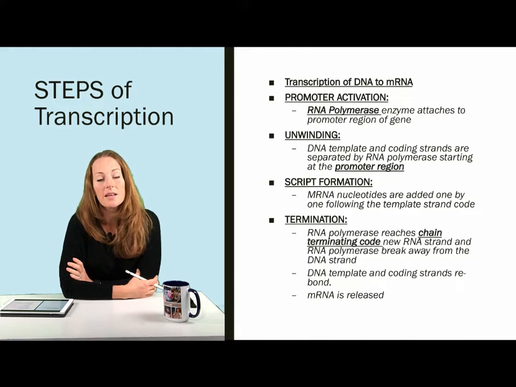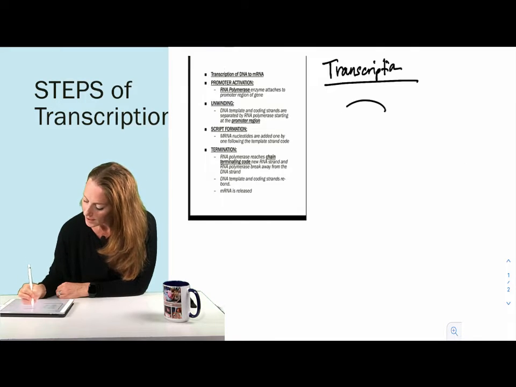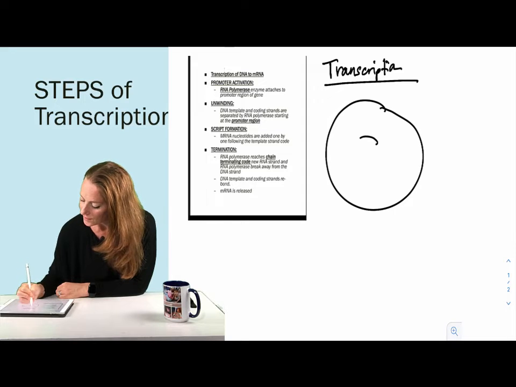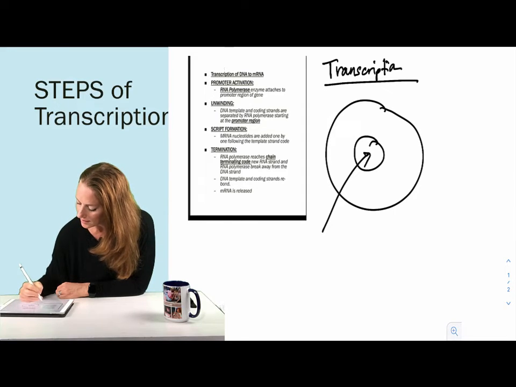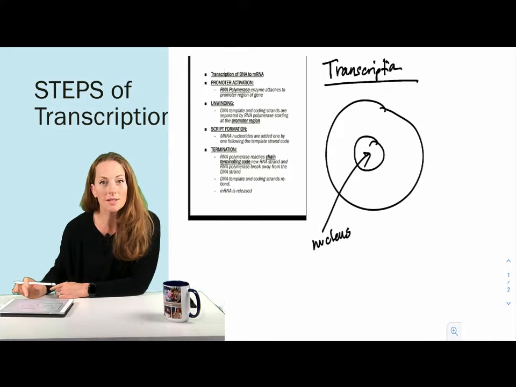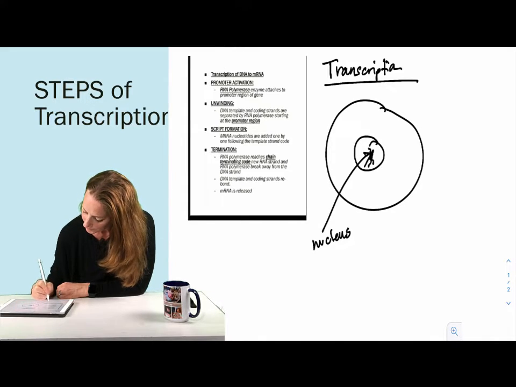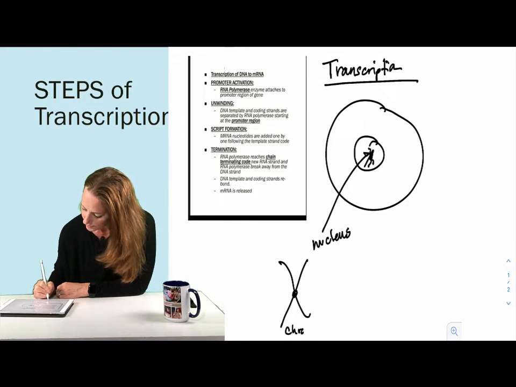Here are the steps of transcription of DNA to mRNA. We're going to take these steps and draw them out. Again, when we're looking at the cell, this is happening in the nucleus. For transcription to take place, we're going to be taking a piece of a chromosome. So here's a chromosome.